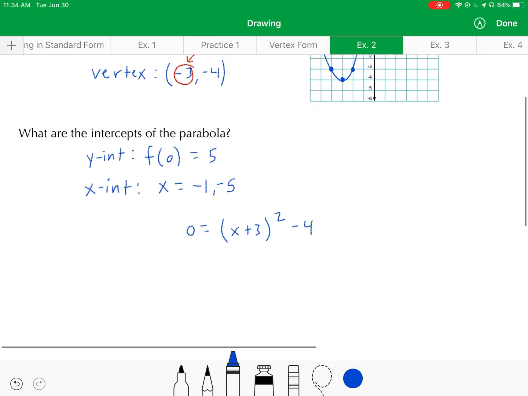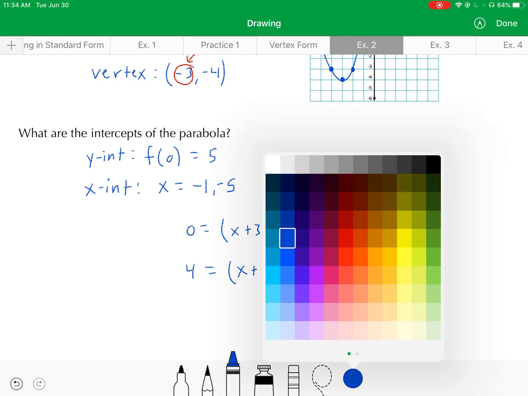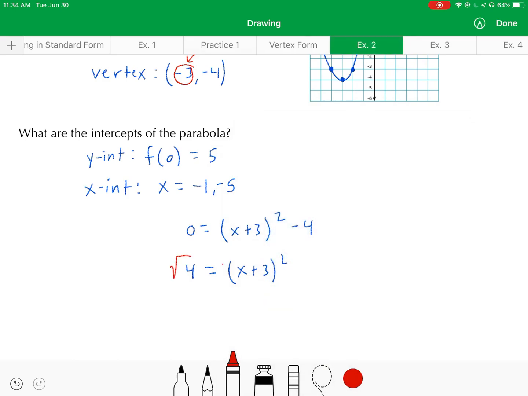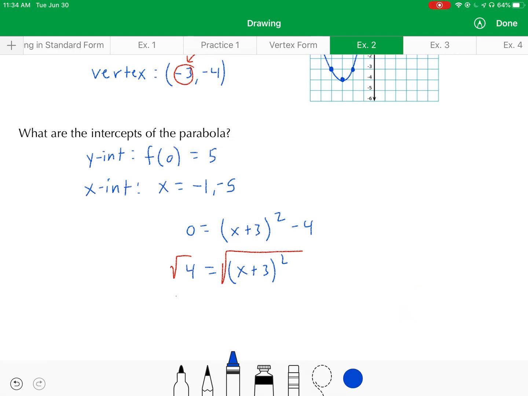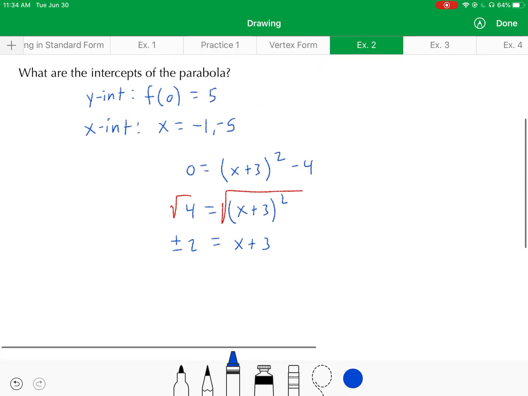To me, the easiest way would be add 4 over to the other side. And then I'm going to square root both sides. That'll give me plus or minus 2 is equal to x plus 3. And then I can just subtract 3 from both sides.